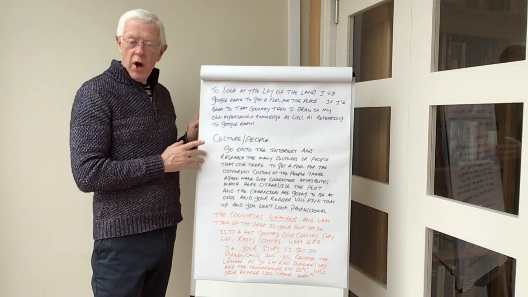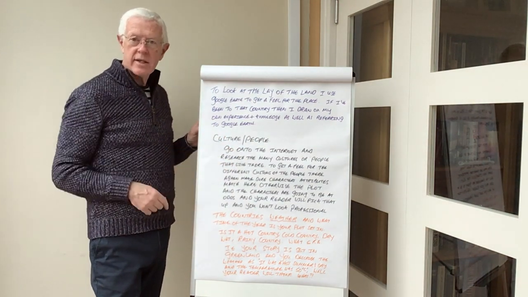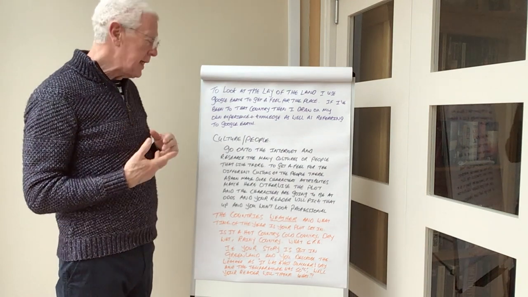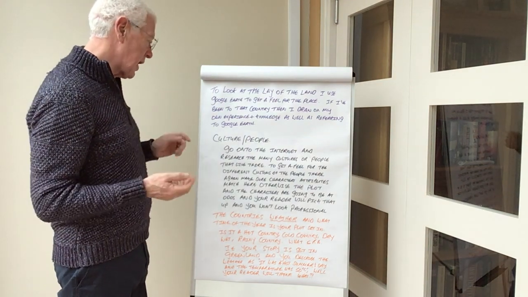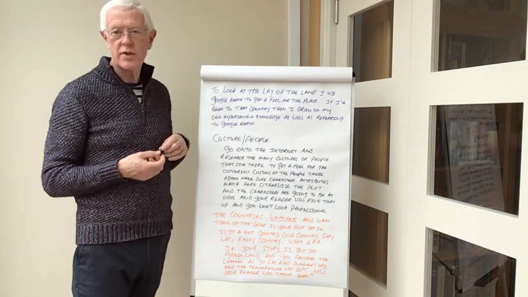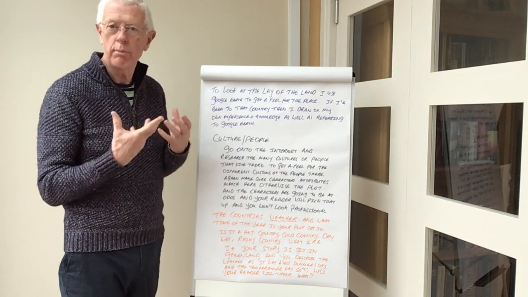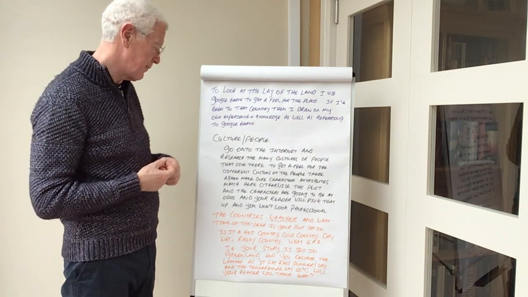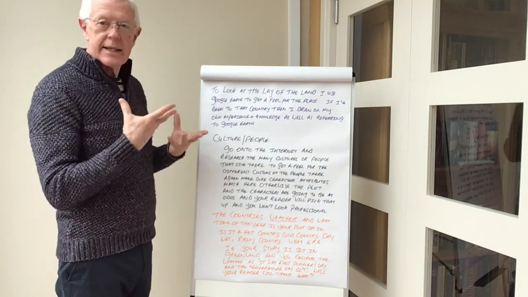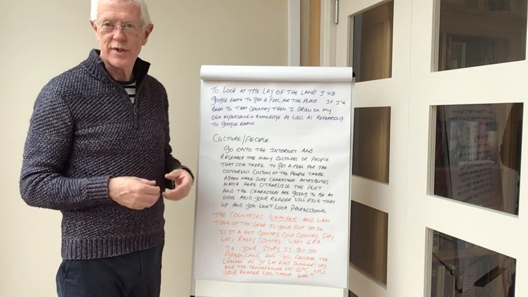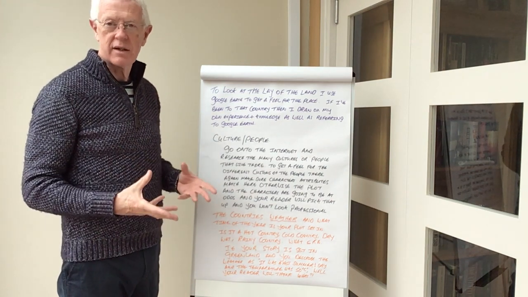So moving on from topography, culture and people. You need to go onto the internet and research the many cultures of the people that live in that area where you put your story, where your plot is. That's important, because different countries have different cultures, different backgrounds, different ethnicity.